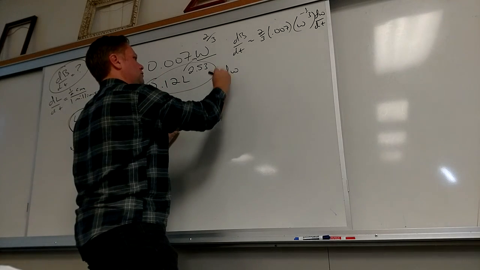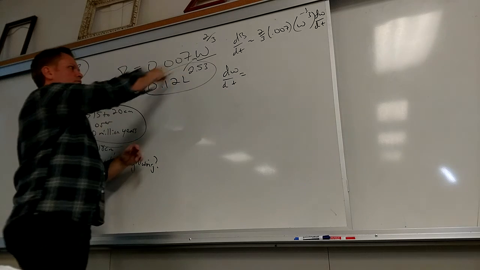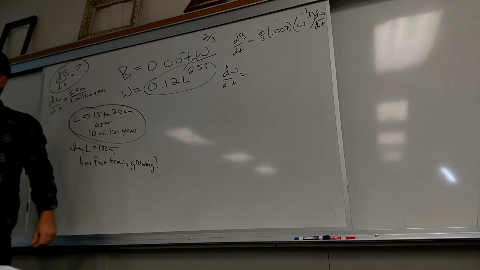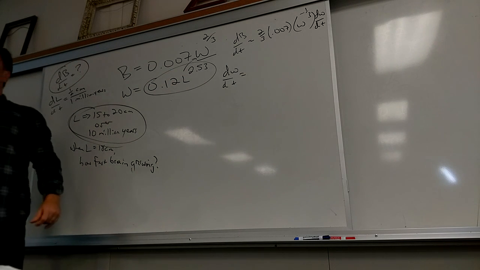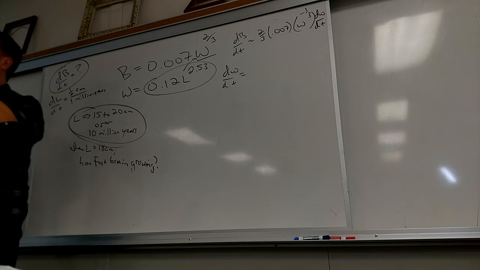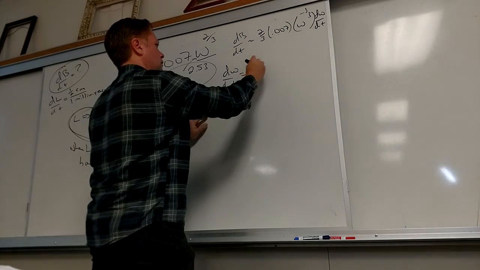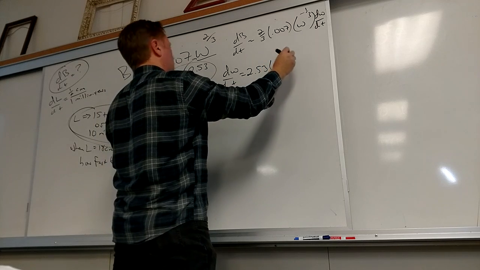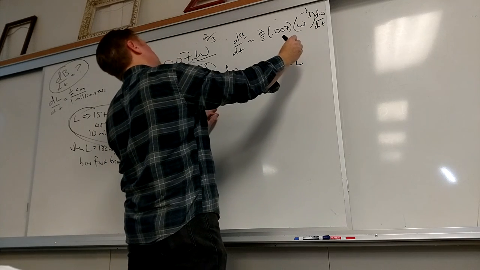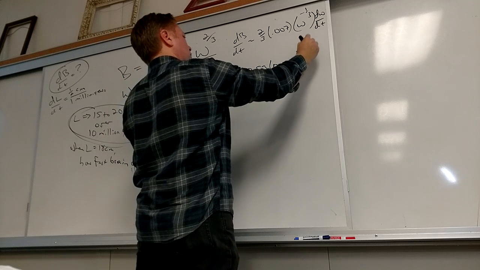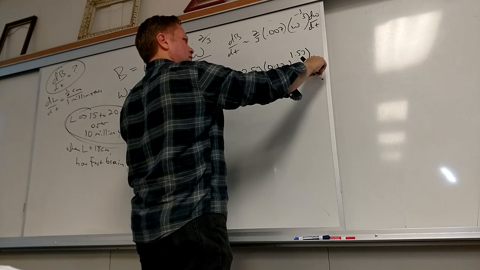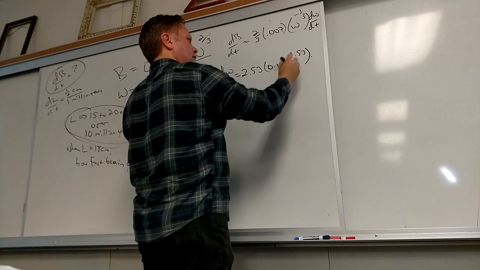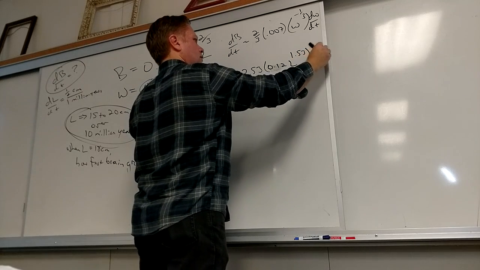So if I do dW/dt, what do I get? I'm not asking you to do the multiplication. Just tell me what it would become. 2.53 times 0.12 L to the 1.53, that's neat, times dL/dt.